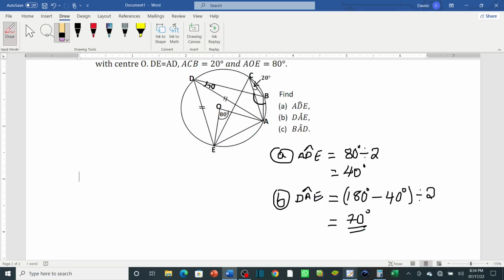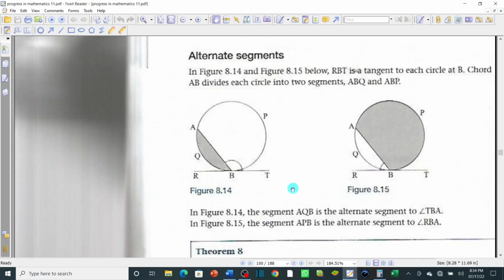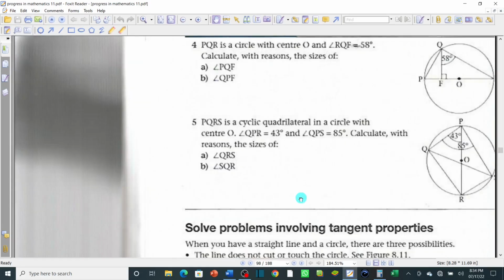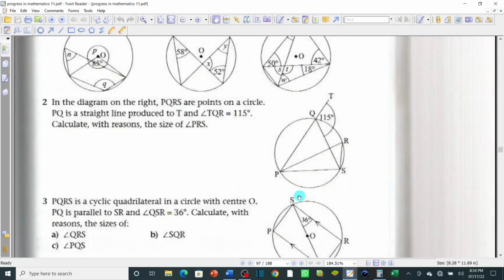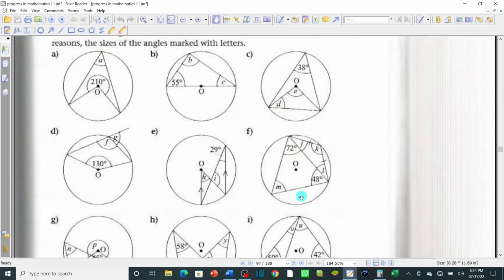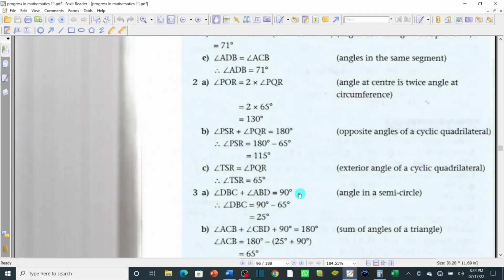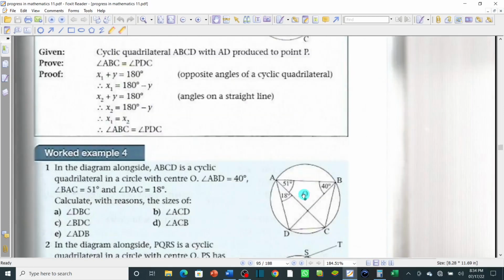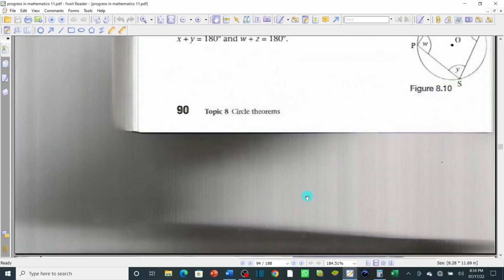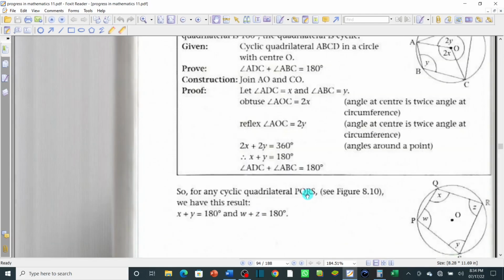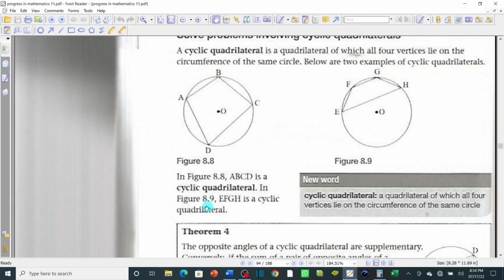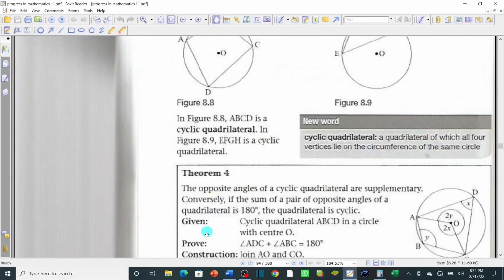Now there's another property here. Let me get this book of Excel so that I take you back to angle properties, because these angle properties are the ones that help us to answer these questions. When you study them, they help us to answer. I think this is the one: Theorem number 4, which says that the opposite angles of a cyclic quadrilateral.